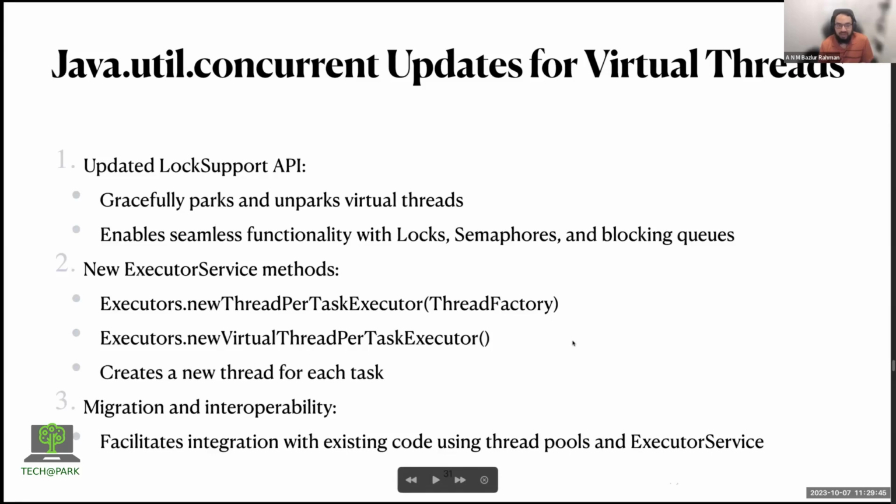To accommodate that, they have changed a lot of APIs in the JDK. Pretty much all the IO points in the JDK library were changed so that they can accommodate virtual threads. That's why it took a while.